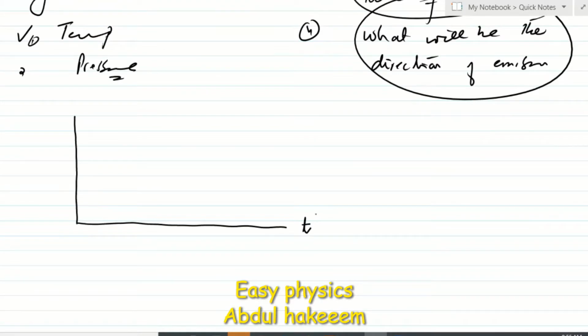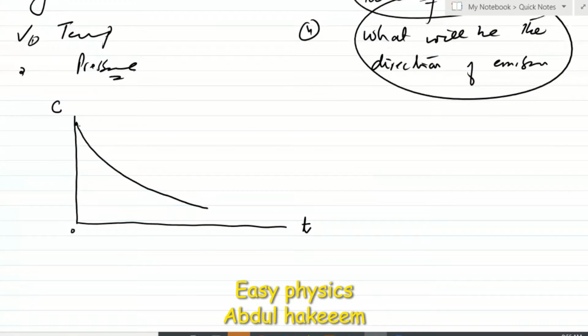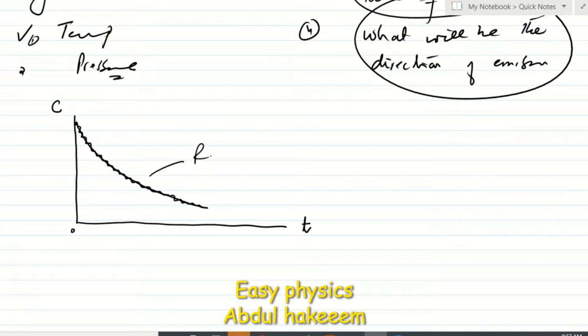Now suppose the x-axis is the time, the y-axis has the count rate, and this is the trend of the decay. To show the random behavior, we have to put kinks on the line. So the bends of the kinks on the line are showing the random behavior.